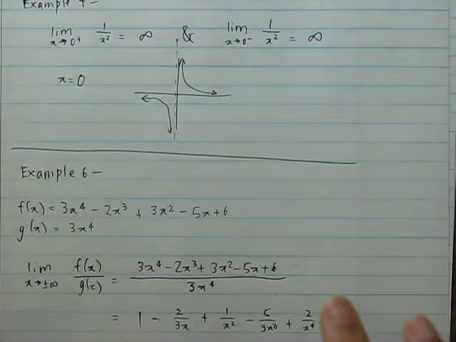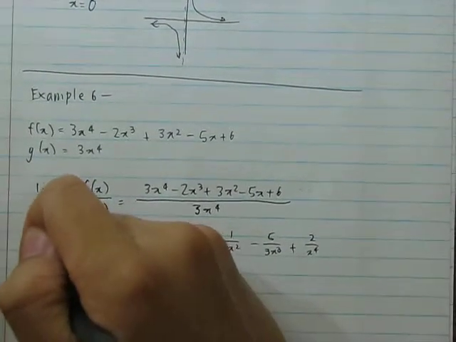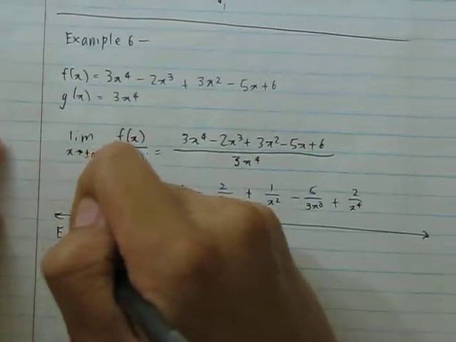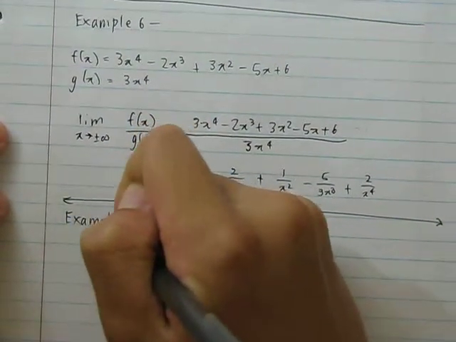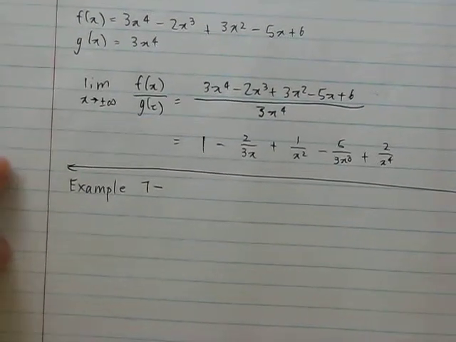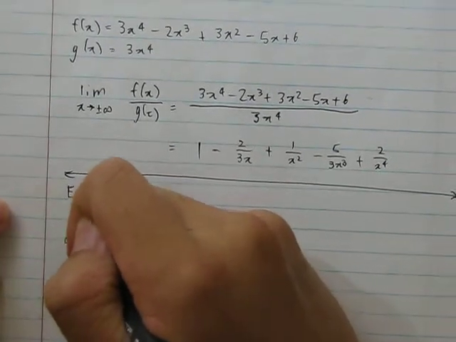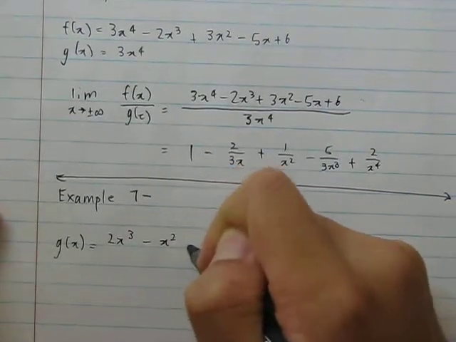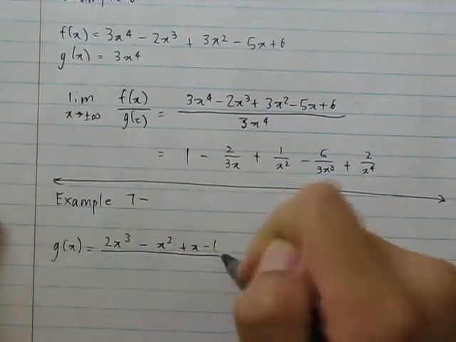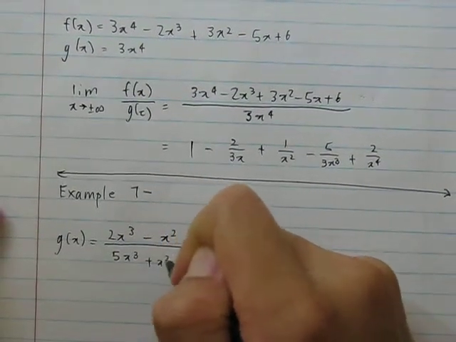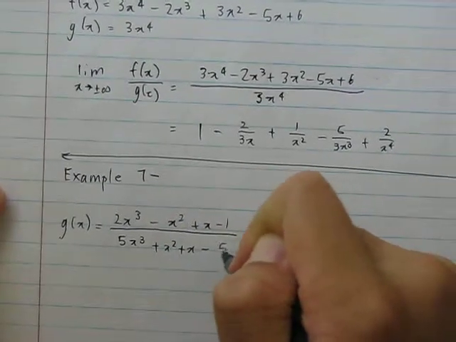So I'm going to end today by doing another example of end behavior models, and you're going to see how we can apply these on a broader scale, right? So I'm just going to do example 7, part B. So I'm going to do g of x equals 2x to the third minus x squared plus x minus 1, all of that divided by 5x to the third plus x squared plus x minus 5.